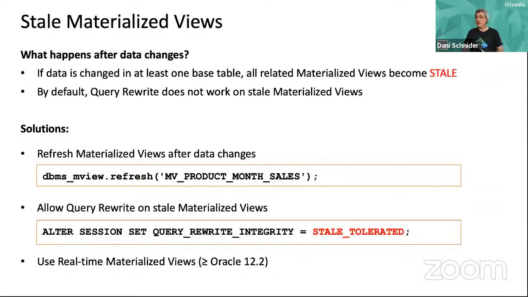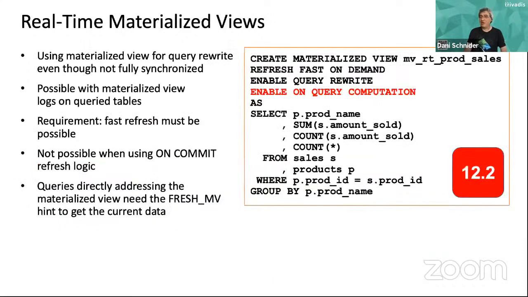Or we could set the parameter query rewrite integrity to stale tolerated, which I do not recommend, as I said before. Or we can use real-time materialized views, a feature that was introduced in Oracle 12.2, but I think it's rarely used so far. But it's actually a very interesting feature, and that's the next thing I want to show you in detail.